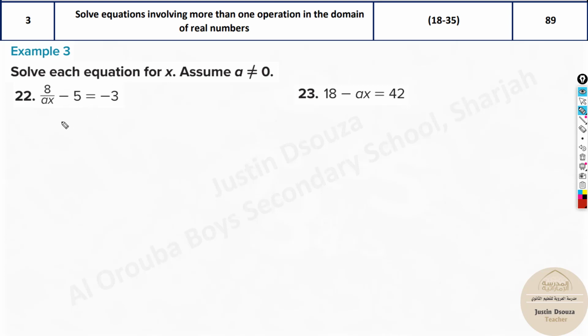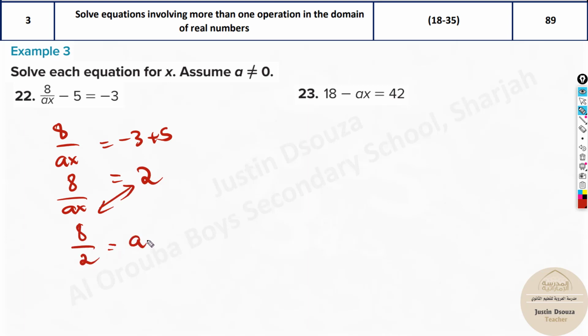Here you can take minus 5 to the other side. It becomes 8 by ax. Minus 5 to the other side is minus 3 plus 5, which gives you 2. 8 by ax. Ax goes to the other side. 2 comes over here. Swap this. Okay. 8 by 2 equals ax.